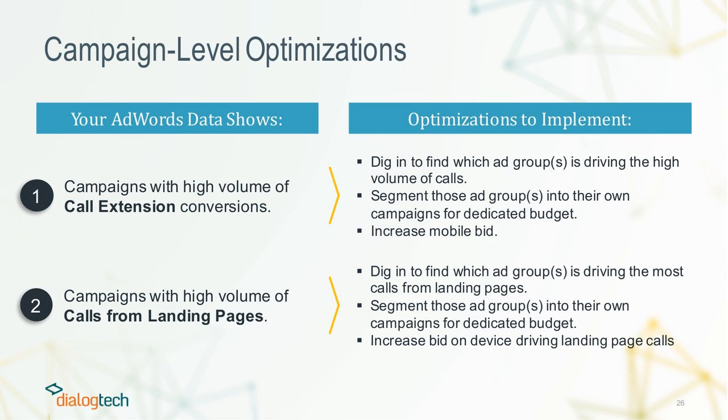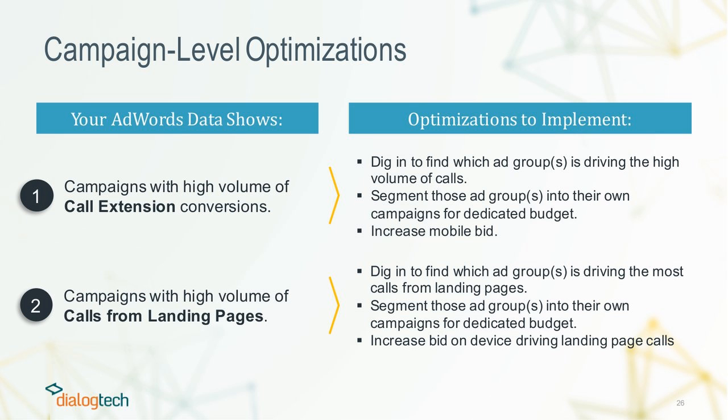Do not cap on budget, or give more budget to it if you can. And then that other campaign, it's going to hopefully start to allocate budget to other ad groups and other keywords that you can find new top performers. So it's an optimization to improve your CPA as well as grow your account.